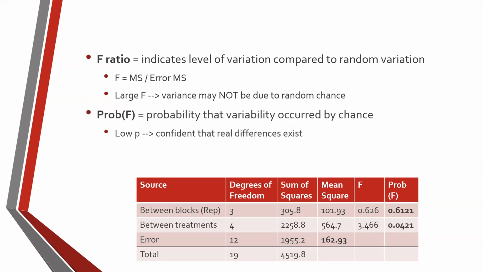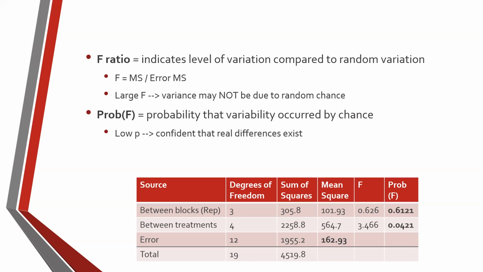So to quantify that largeness or lack thereof, we calculate a p-value. And that's the probability that the observed differences in the treatment or the block means could have arisen by chance. So a low p-value, typically we set the cutoff at 5%, indicates that we can be confident that there are real differences among treatments.